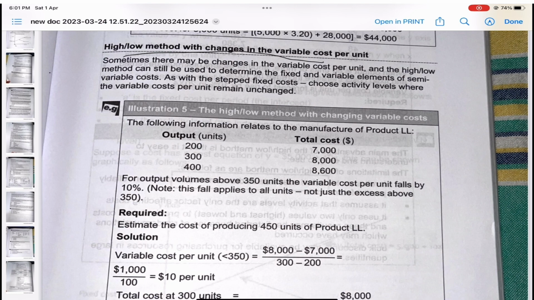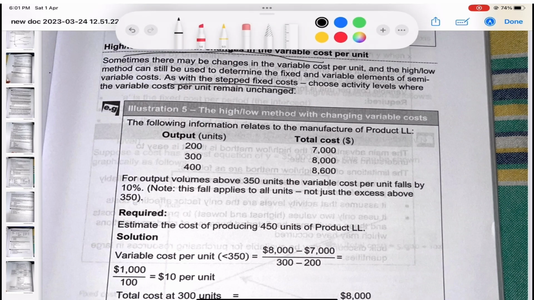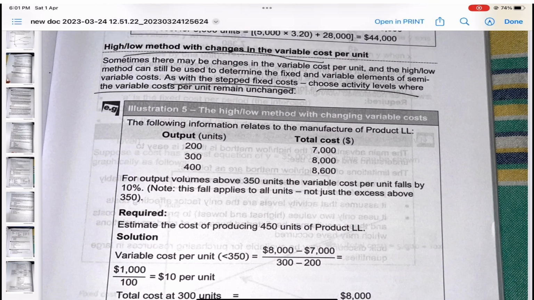By doing that, find your variable cost, and then you can find the fixed cost, and after that you just have to find the total cost for 450 units, which would be the fixed cost plus the variable cost per unit, that would be my 10% subtracted, multiplied by the number of units. Very simple. Now do it by yourself and check it with me.